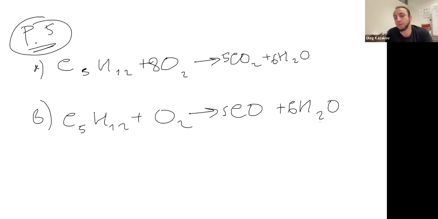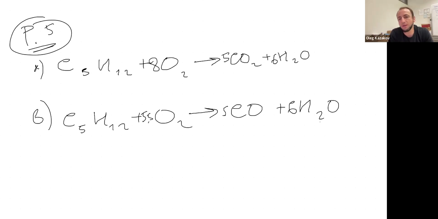That will give us 12 hydrogens. 12H, 12H. So finally, oxygens: 5 plus 6, 11. So here we have technically 5.5, but we typically don't use fractional numbers. So consequently, we're going to multiply everything by 2, and then we'll get rid of 5.5.